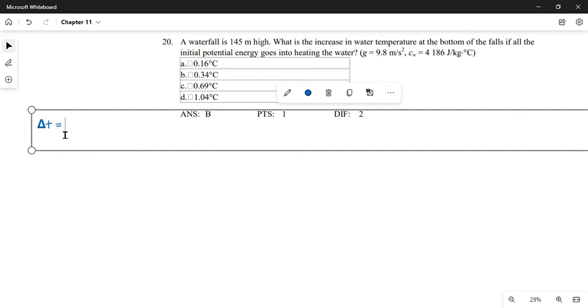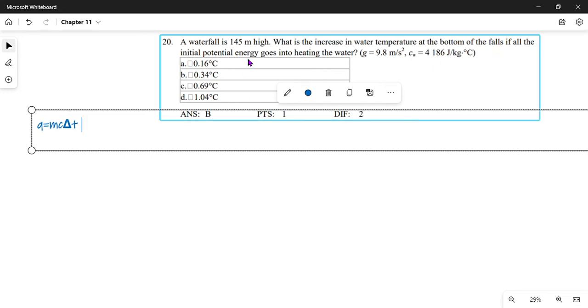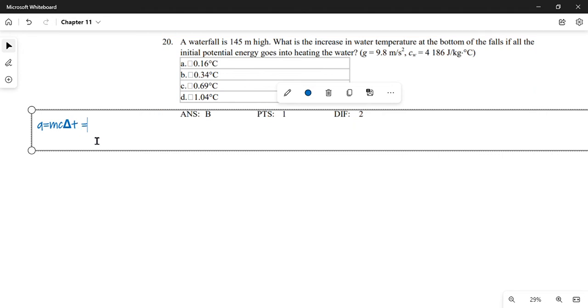Delta T is simply equal, or let me write it another way, Q equals MC times the change in temperature. Okay, in this case, Q is the potential energy. As he said in the question, the initial potential energy goes into heating the water. So Q here is the potential energy, equals mgh.